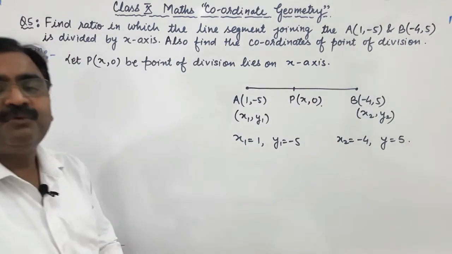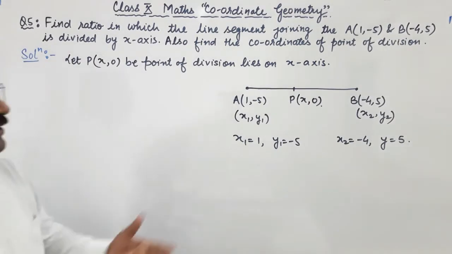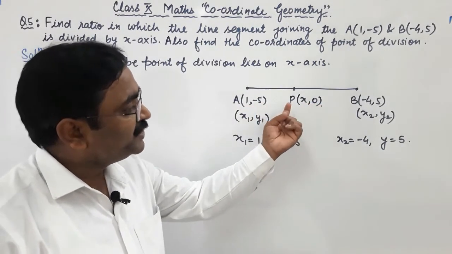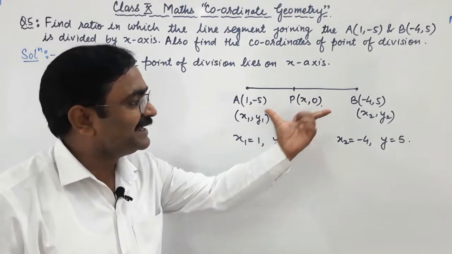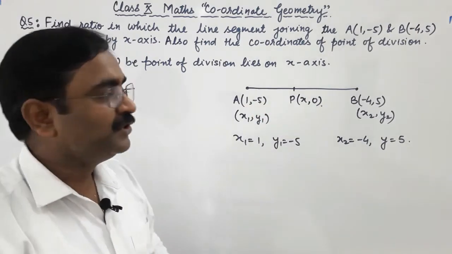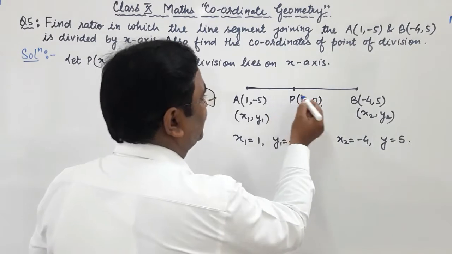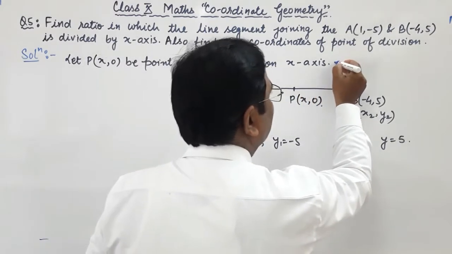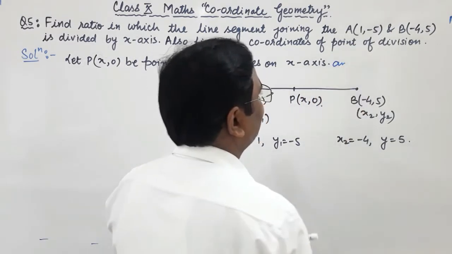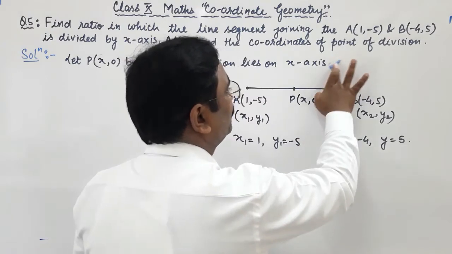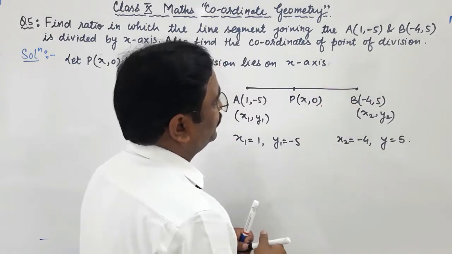Now we are going to find out in which ratio this point divides this line segment. Say this point P, with coordinates (x, 0), divides AB in the ratio M1 is to M2.